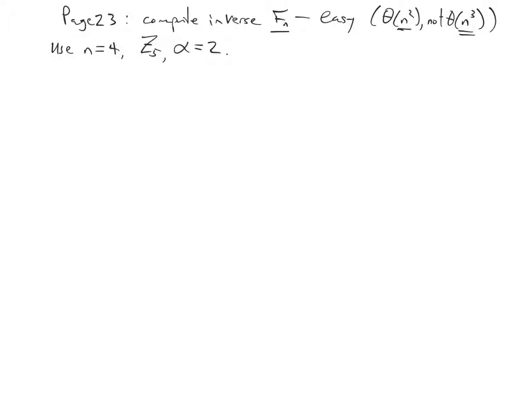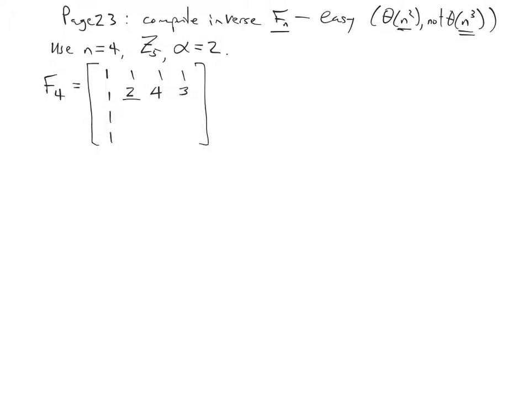So the Fourier transform matrix F sub 4, if we just do what we would do all the time: it's alpha to the 0, are those four guys, and then this spot here is alpha to the 1, so that's 2. And then on this row we multiply by 2. So if we multiply by 2, we get 4. We multiply by 2 again. 4 times 2 is 8, which is 3.